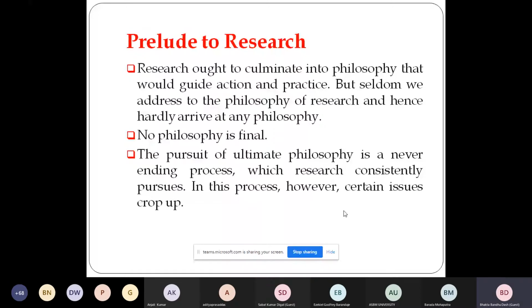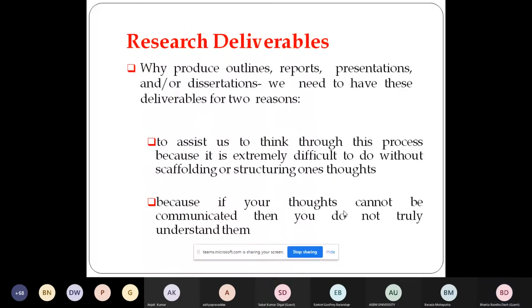So when you talk about the research deliverables, we produce the outlines of the report, presentations, and dissertations that we need to deliver, basically for two basic reasons. Number one, to assist yourself to think through the process, because it's extremely difficult to do without scaffolding or structuring one's thought.